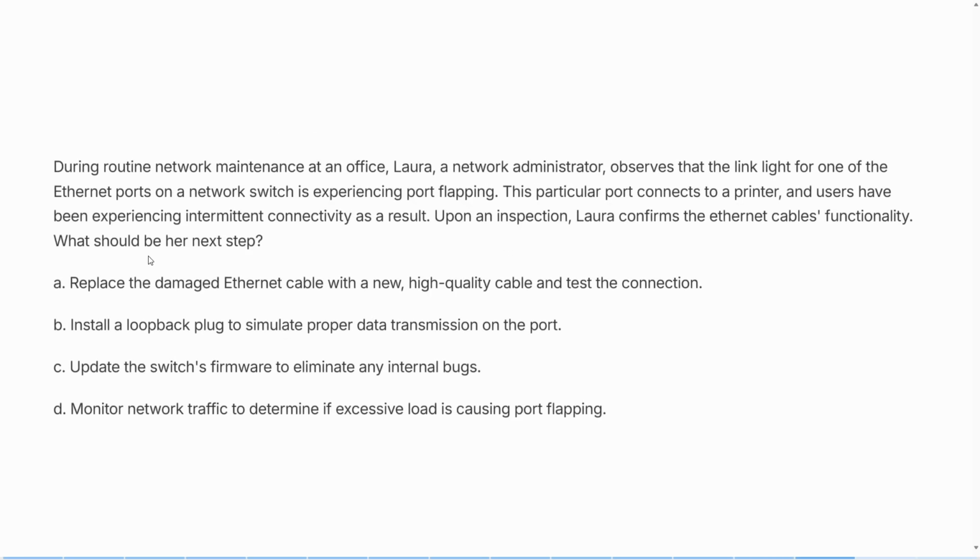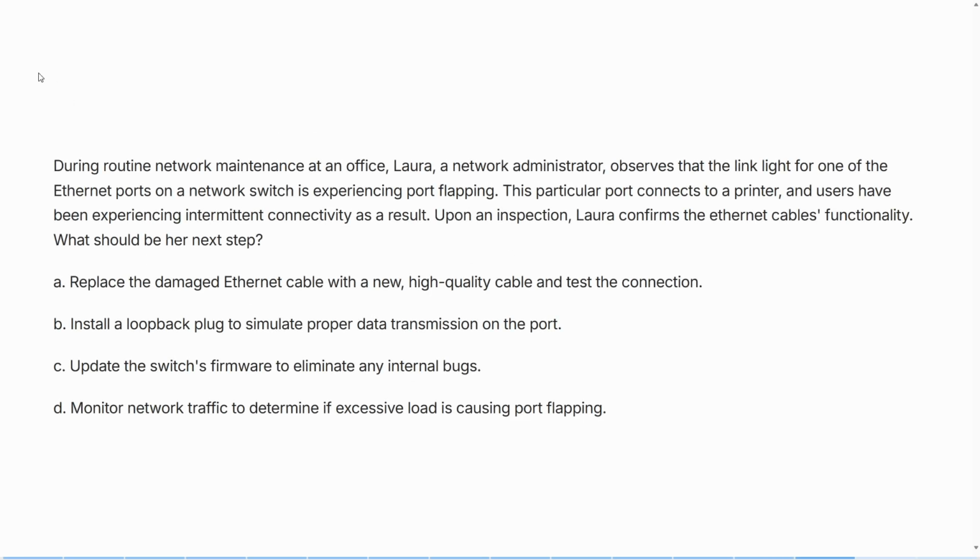Now, the final question for this quiz is, during routine network maintenance at an office, Laura, a network administrator, observes that the link light for one of the Ethernet ports on a network switch is experiencing port flapping. This particular port connects to a printer, and users have been experiencing intermittent connectivity as a result. Upon an inspection, Laura confirms the Ethernet cable's functionality.